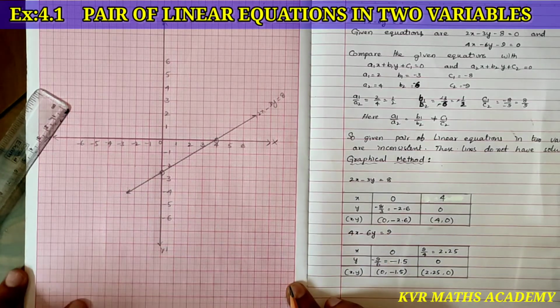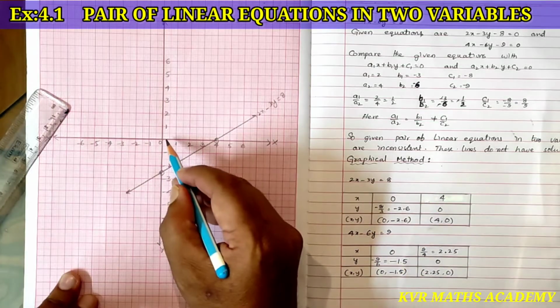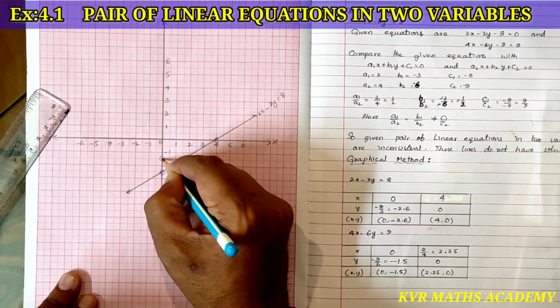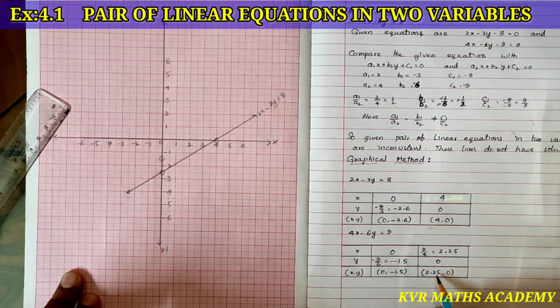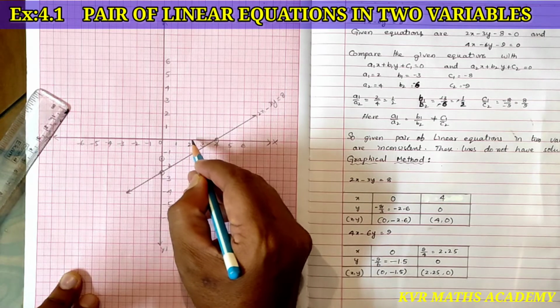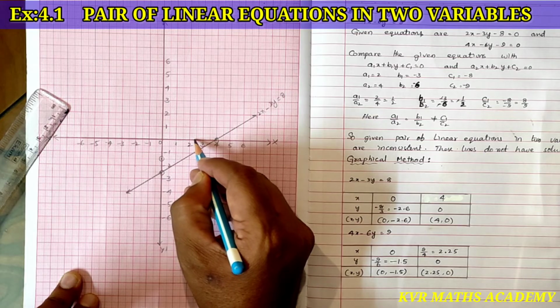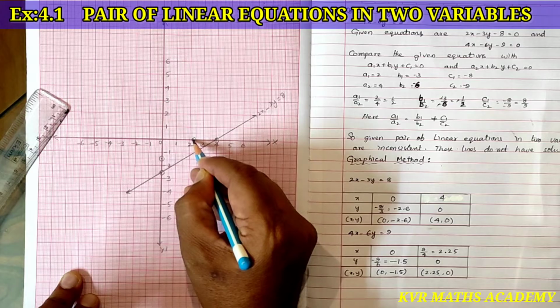Next, the second line. First is 0 comma minus 1.5, which will be here, right? Yes, this is the correct location of this point. Next, 2.25 comma 0. X is 2.25, which means between 2.2 and 2.3 we may plot. Middle of these points, let us plot.